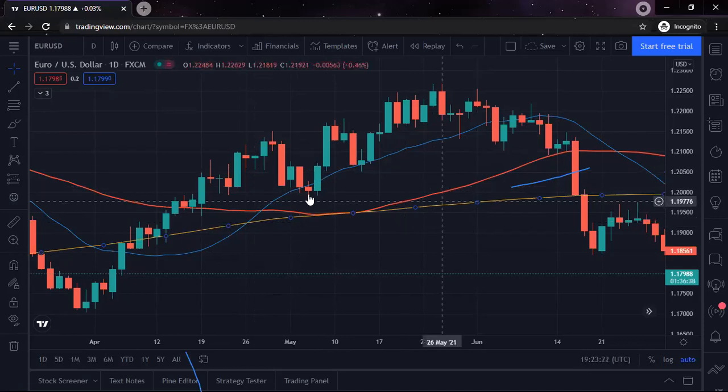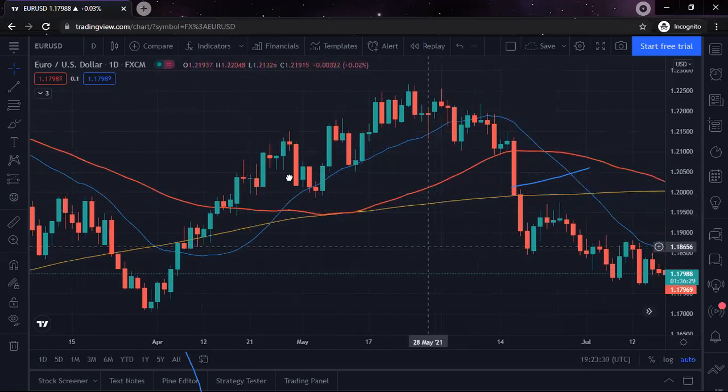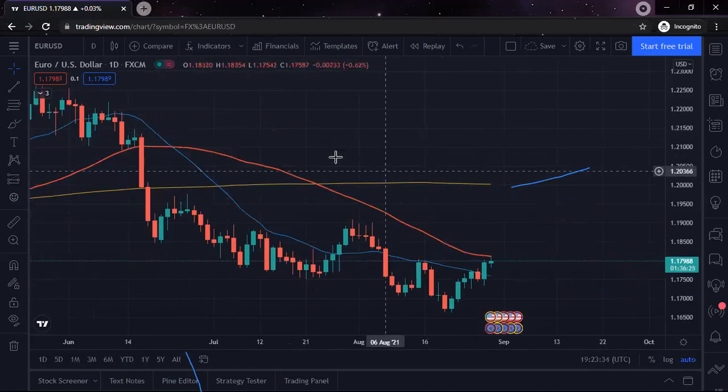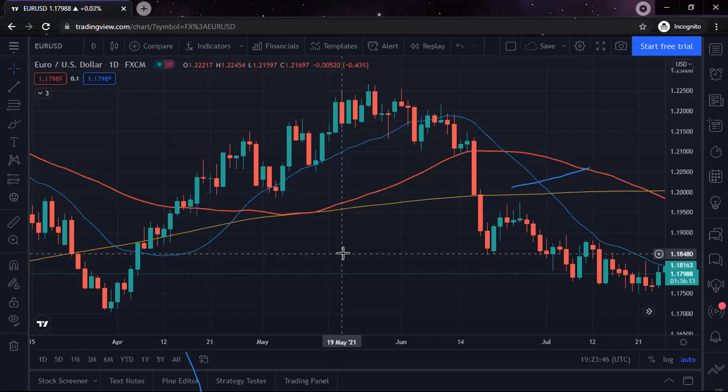But as you can see here, it is messy up here. You can't see everything clear. So for you to know how to use it, the first thing you must consider is when should you use them, on what time frame should you use the moving average?